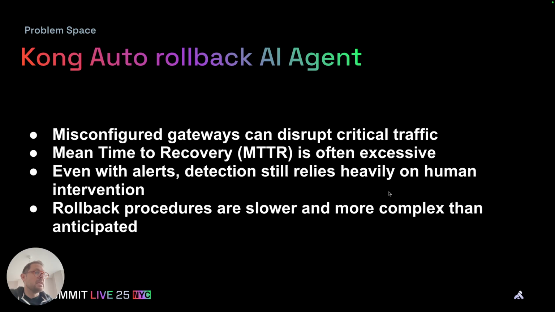An SRE member has to get the alert. They then have to understand the alert, know where to go look at the logs, look at the metrics, work out what's going on. And in a very distributed organization, it could be in a different AWS account, or in a different EKS cluster, for argument's sake.